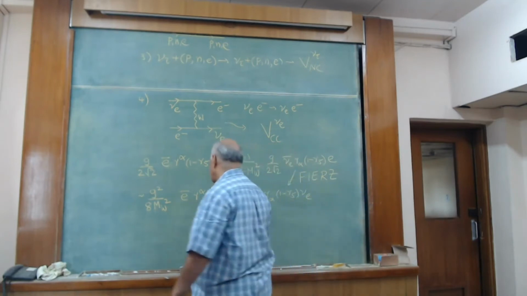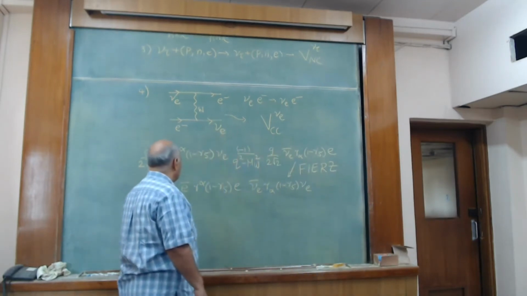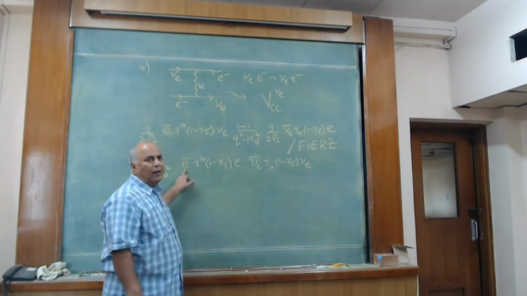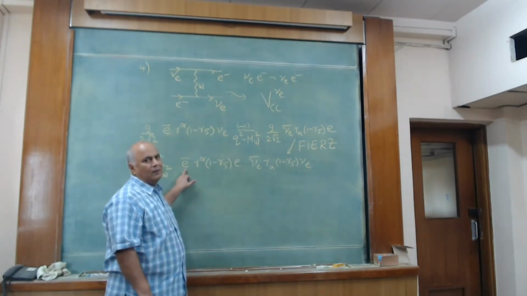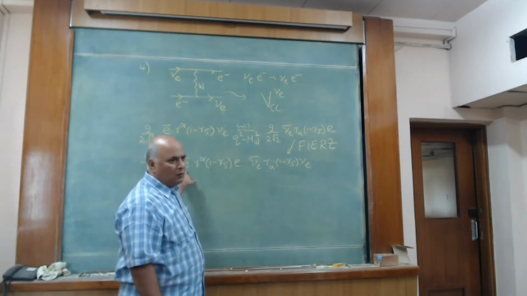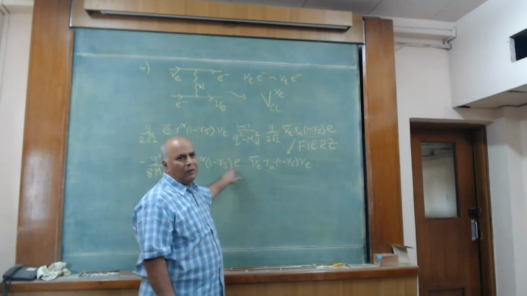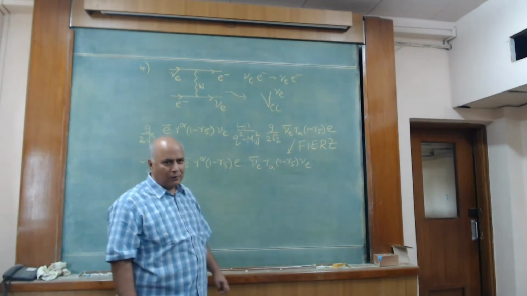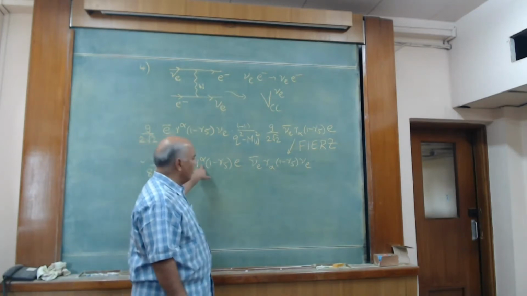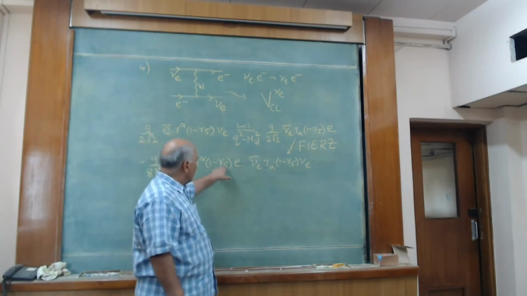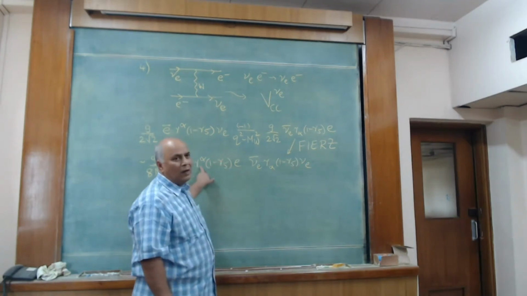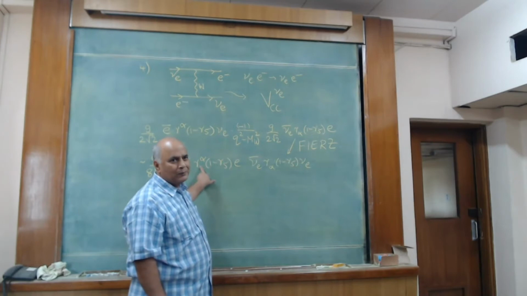So what we need to do is to consider a non-relativistic wave function both for the initial electron as well as for the final electron. And when I do that, you find that this gamma 5 actually will not contribute, and only the gamma 0 contributes.